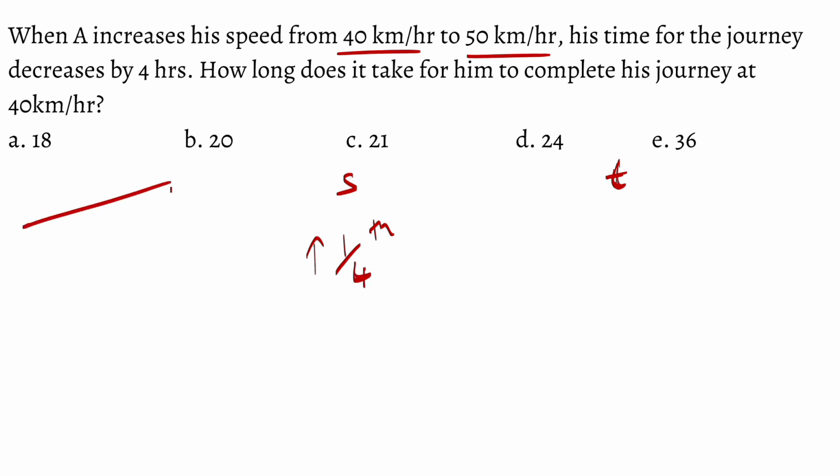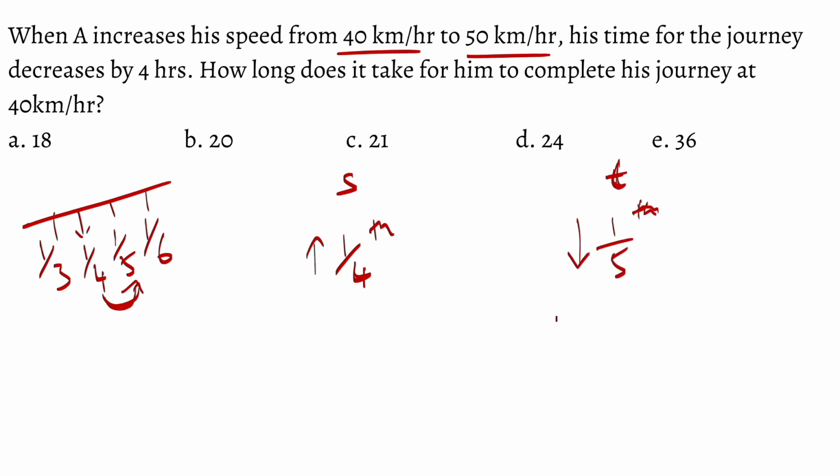See, in the number line I told you, if this is 1 by 4, then if you move one step forward, you are trying to find the decrease value. So if 1 by 4th is the increase, then what must be the decrease? 1 by 5th. So time must be decreased by 1/5.